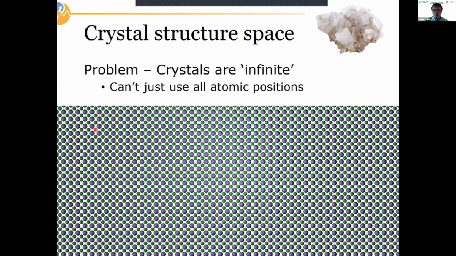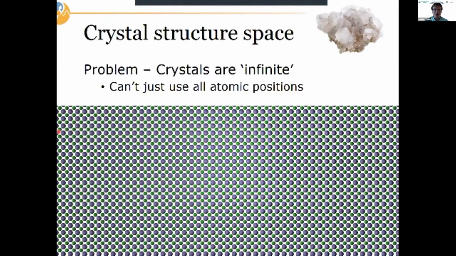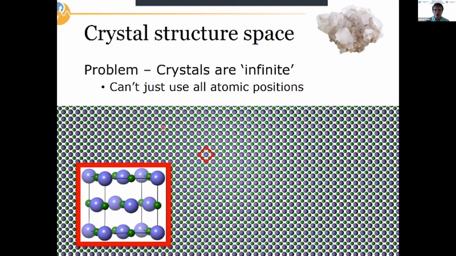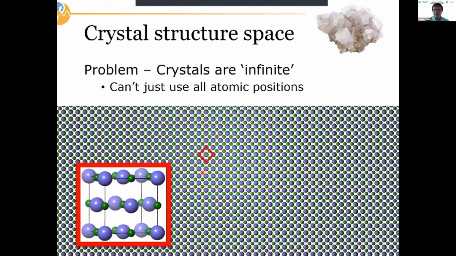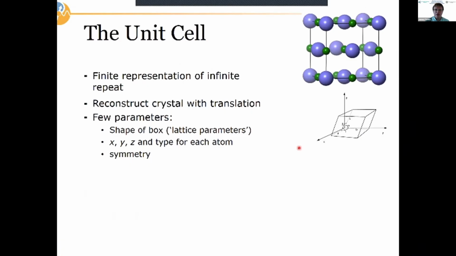So many of you, I imagine, will have done some crystallography. The common way of doing this is that you take a unit cell. So you find the smallest repeat unit of your crystal. In this case, we're looking at something like rock salt. And you just use that and its translational properties as the unique identification of your crystal. And this is very convenient and very well defined. So crystallographers have been doing this for many years.